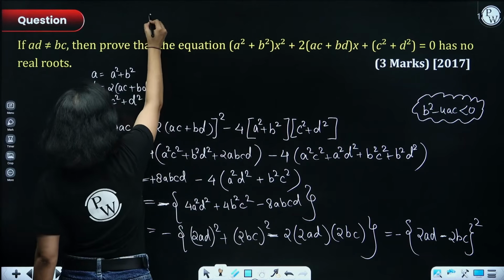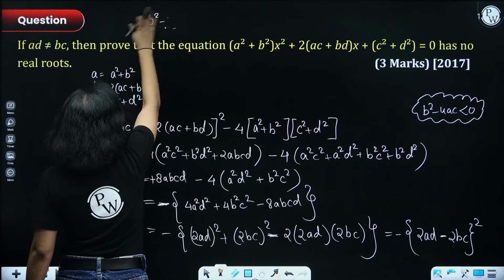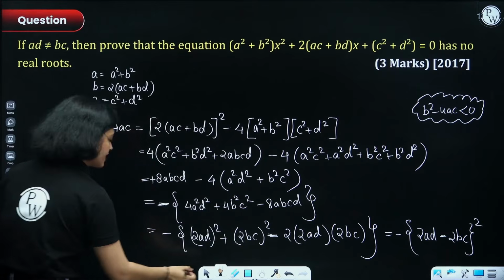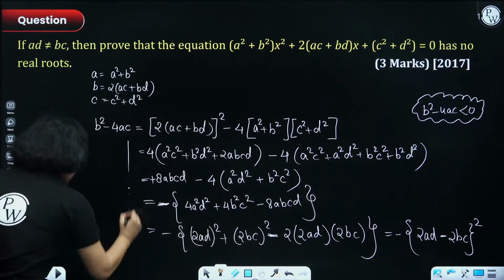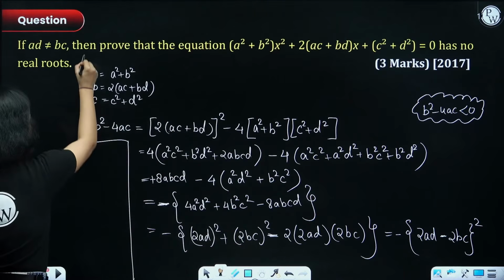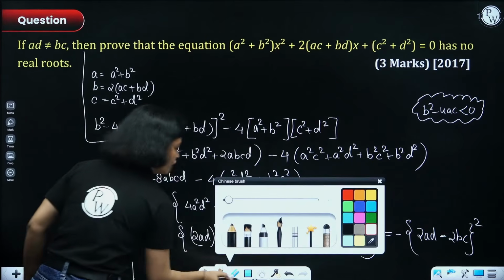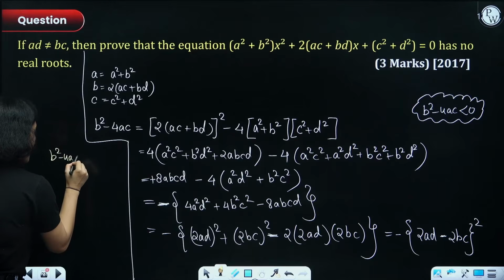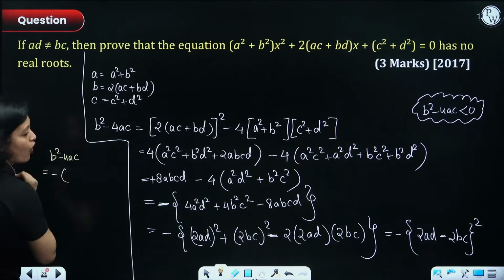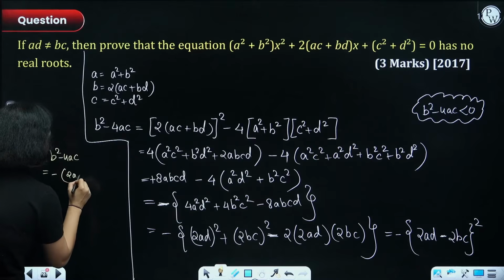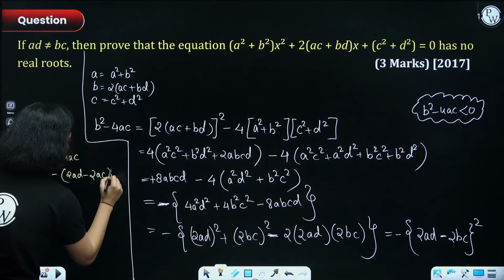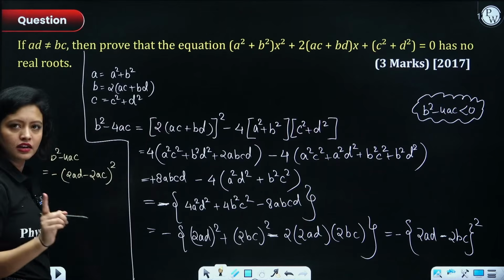We got the value of b square minus 4ac as equal to minus of 2ad minus 2bc whole square, right? Okay.